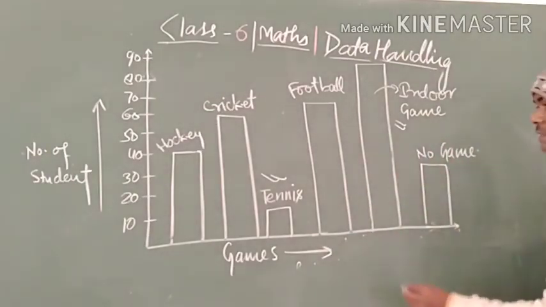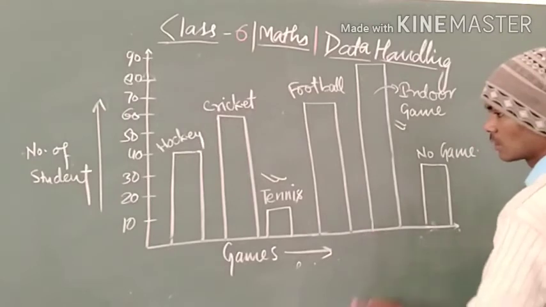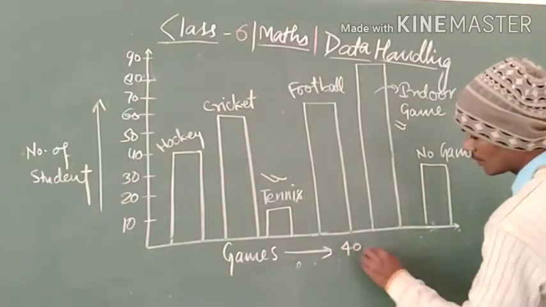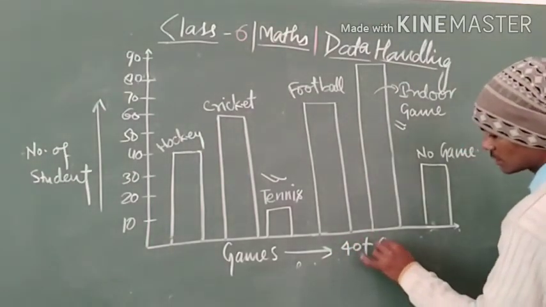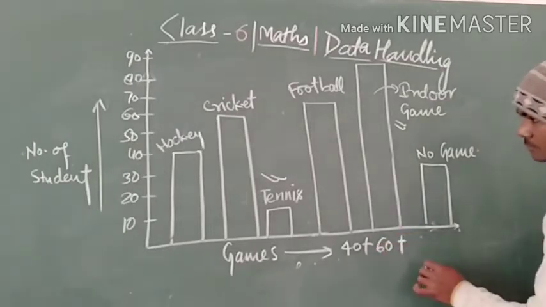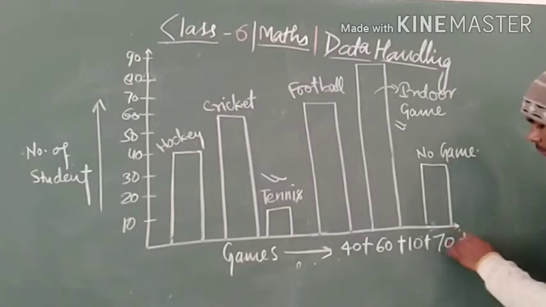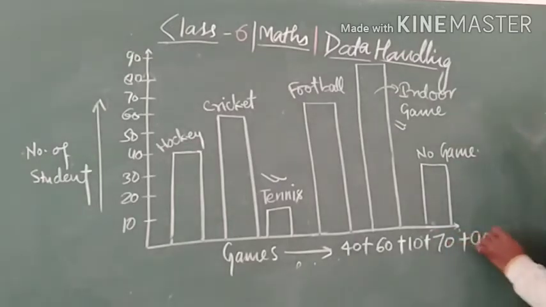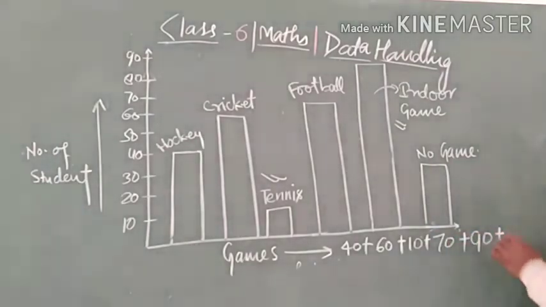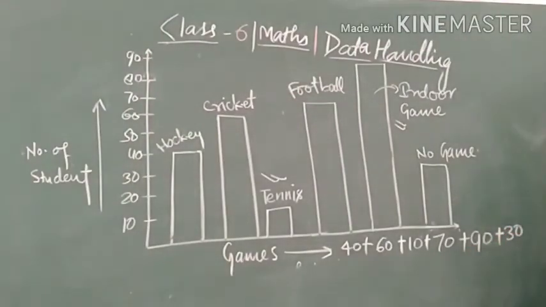So here we shall write first 40 plus 60 plus 10 plus 70 plus 90 and plus 30. And now add all these.